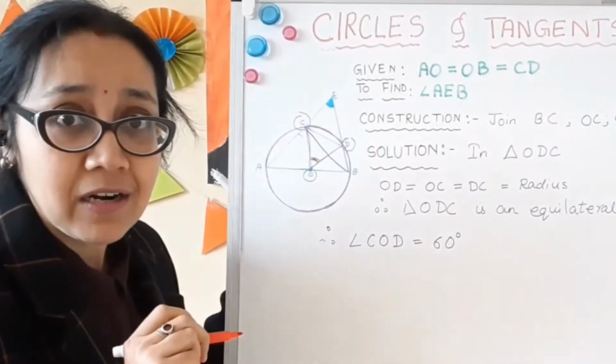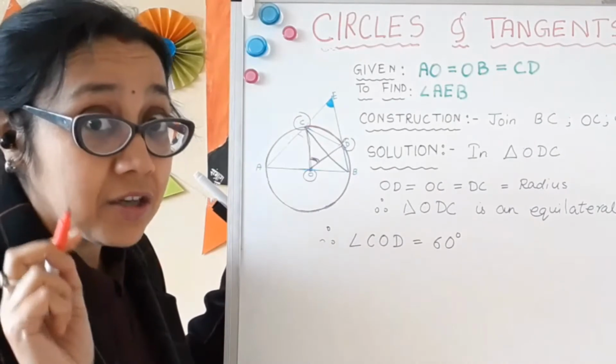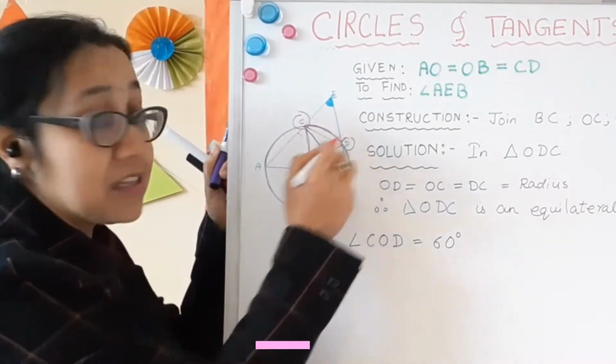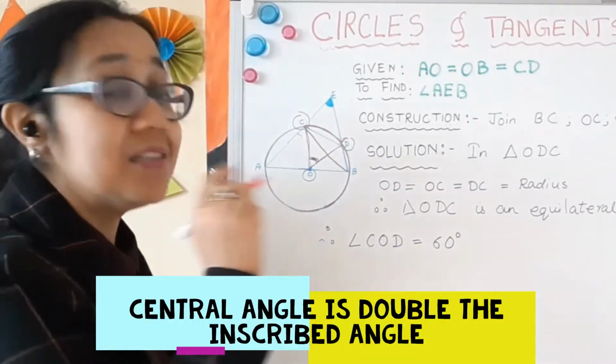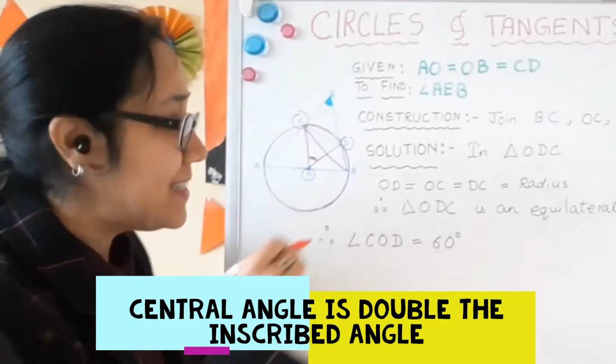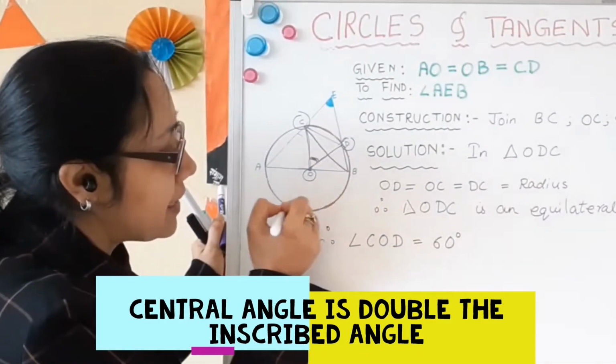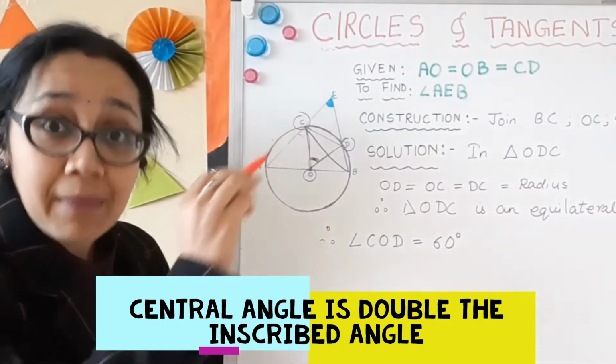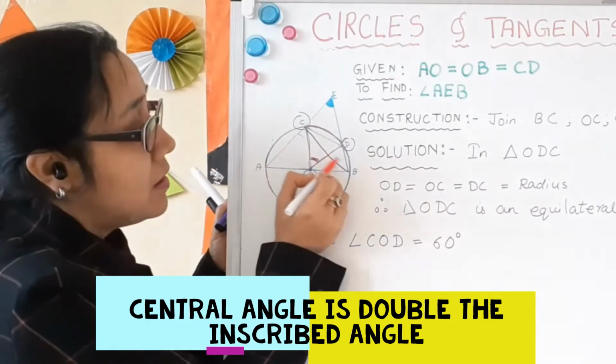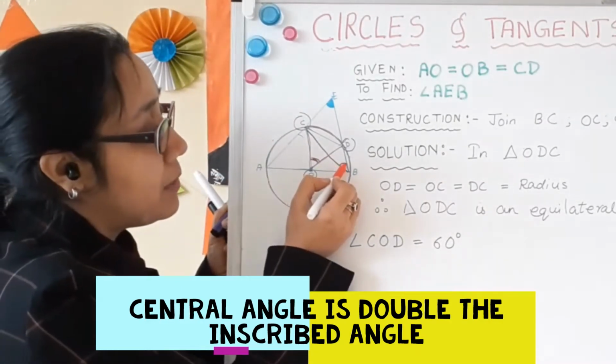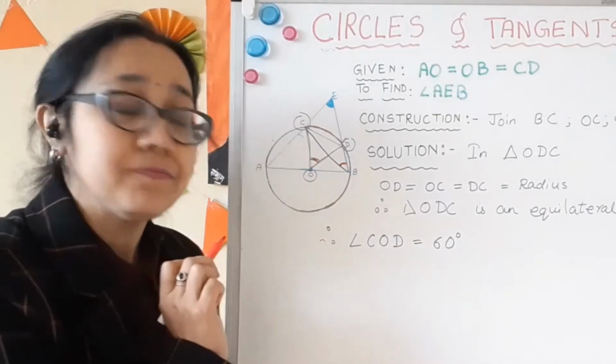We know that there is a theorem where the central angle is double the inscribed angle. An inscribed angle is formed at any point we take on the remaining part of the circumference, and that angle will be half of the central angle.